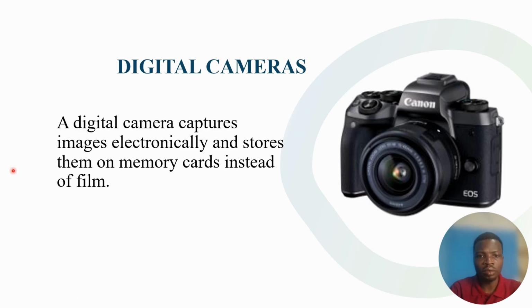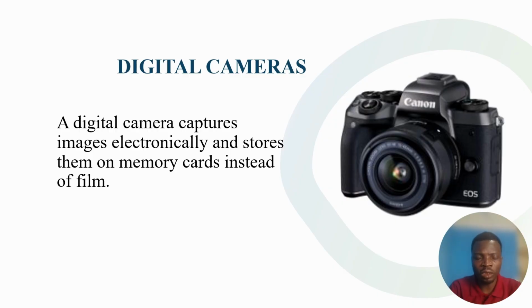Now, a digital camera, we see, is a camera that captures images electronically and stores them in memory cards. For instance, let's take it that you want to snap a picture.